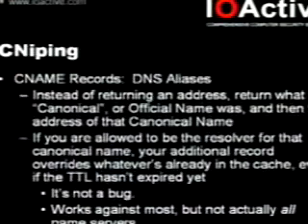It turns out in DNS, when you look up a name, you can get an address back, or you can get something back called a CNAME record. A CNAME record is, yeah, I know you talked to me, but who you really meant to talk to was this name over here. And here's its real address.